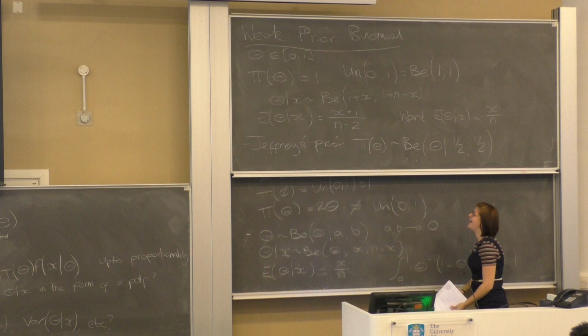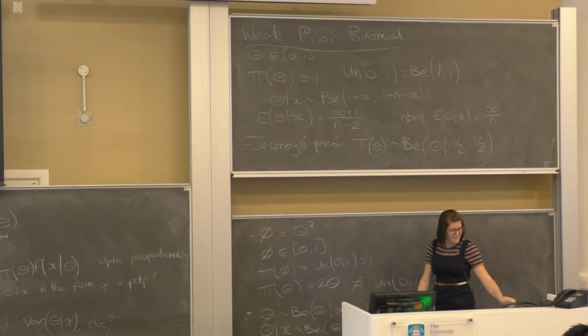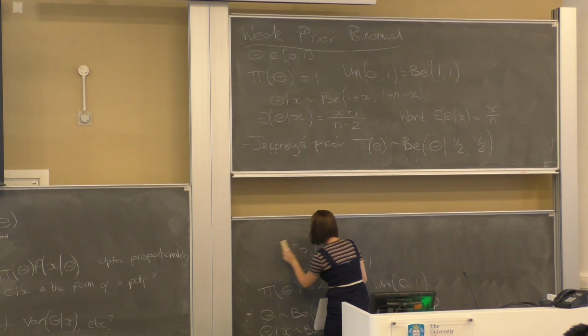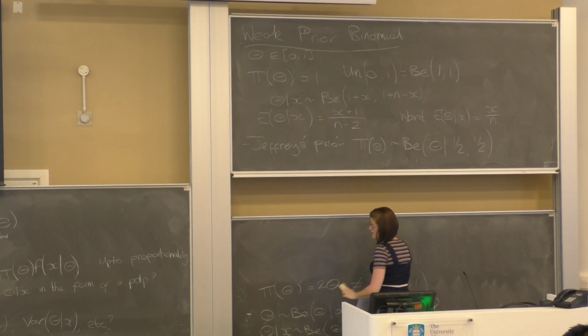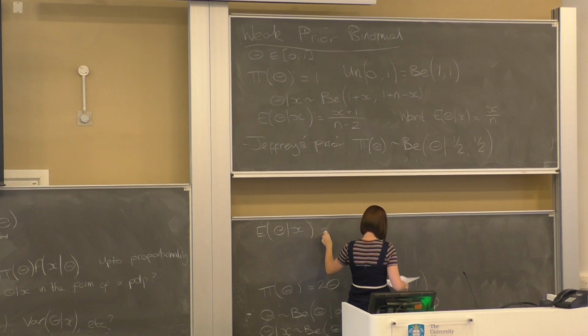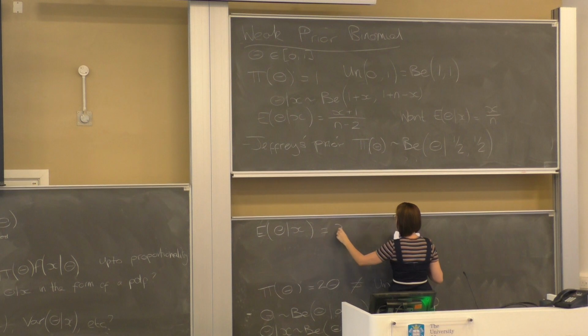And if we were to look at our posterior expectation then of that, it's not going to be what we wanted from a prior distribution, because our posterior isn't going to be our maximum likelihood estimator.